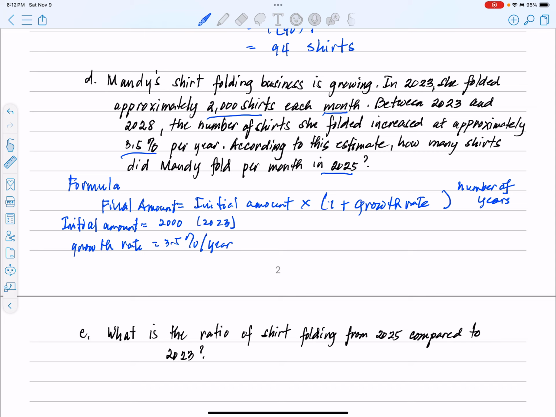So when we convert that in terms of decimal, we move 2 places, so that would be 0.035. The number of years, this is the number of years from 2023 to 2025. The number of years is 2. Okay, so we can use that for the final amount that is being asked.